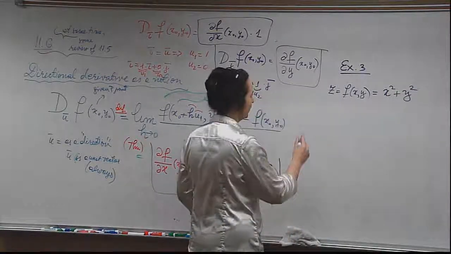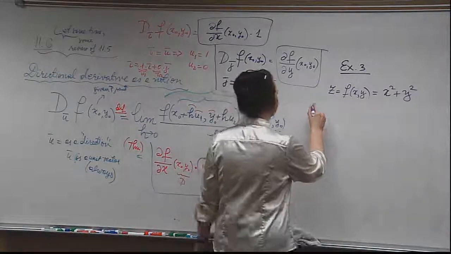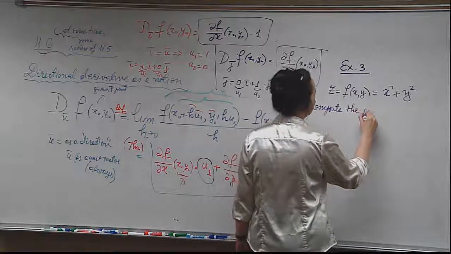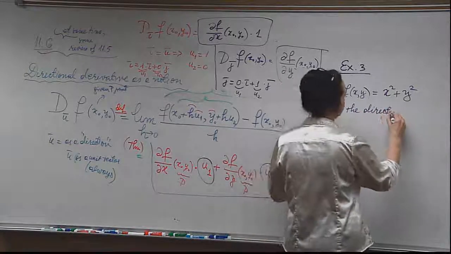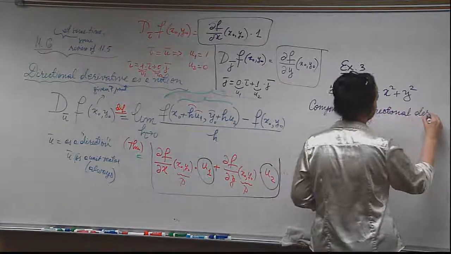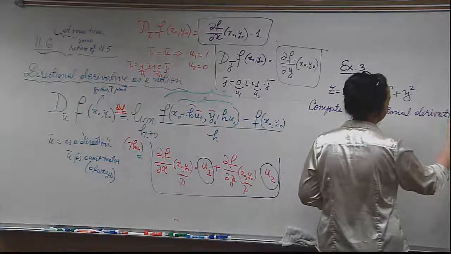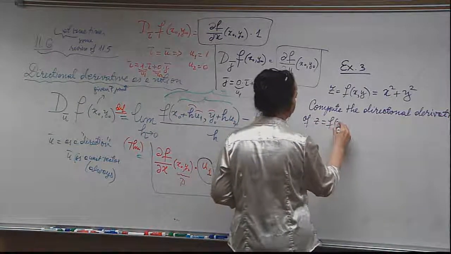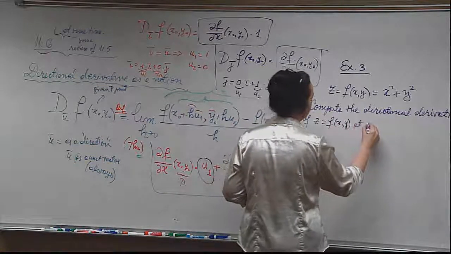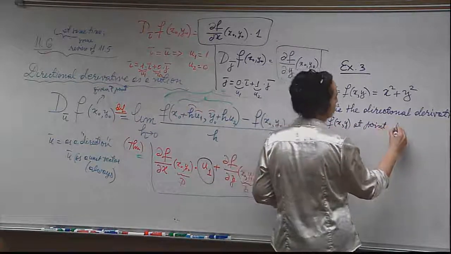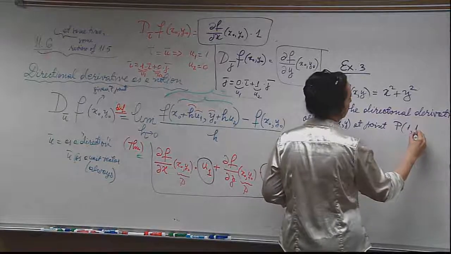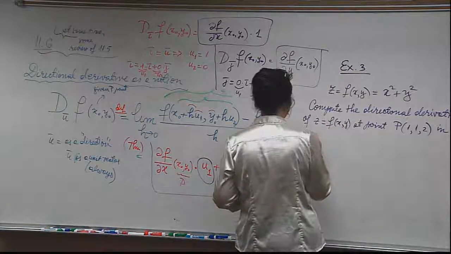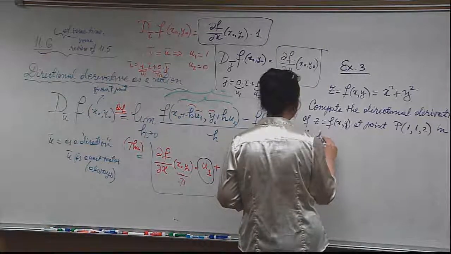Okay. And a typical problem. Compute the directional derivative of z equals f of x and y at the point P of coordinates 1, 1, 2 in the following directions.